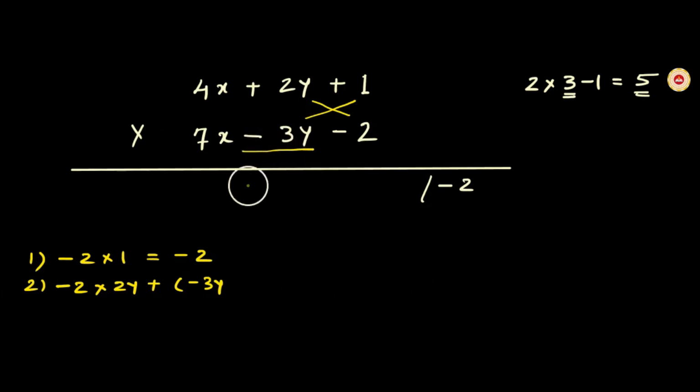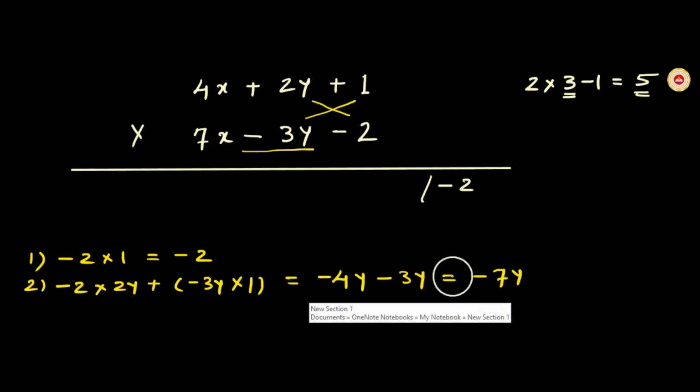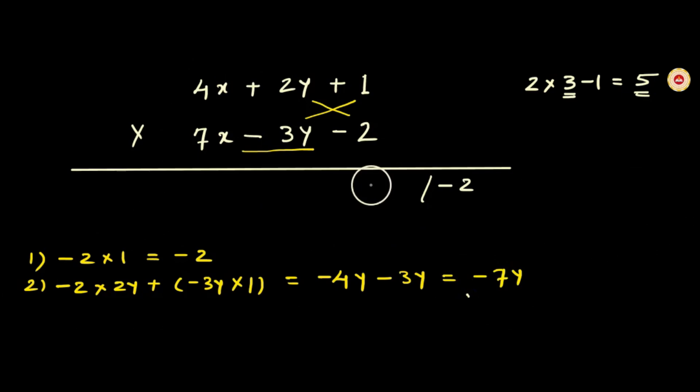Okay, so minus 3y multiplied by 1, which is equal to minus 2 multiplied by 2y, minus 4y, minus 3y multiplied by 1, minus 3y, which is equal to minus 7y. Write minus 7y in the second part, draw a slash.